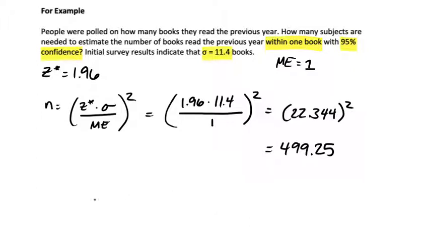So that means I need to survey 500 subjects, because we always need to go to the next highest number. So I don't round down to 499, I need to go to the next highest number, which is 500.